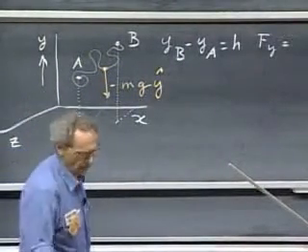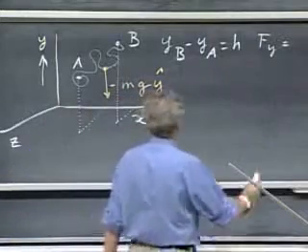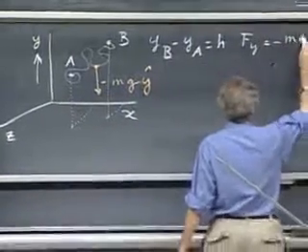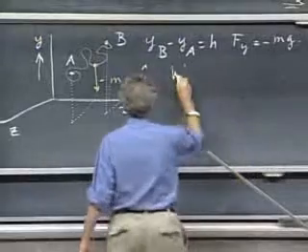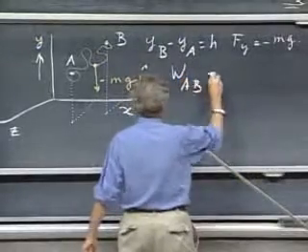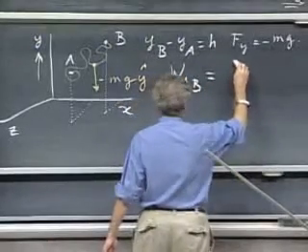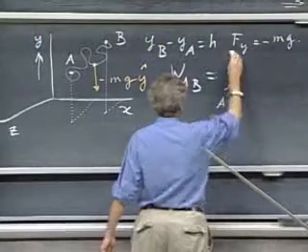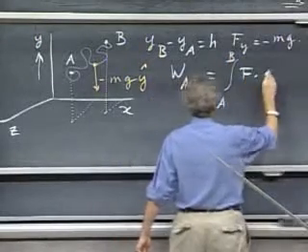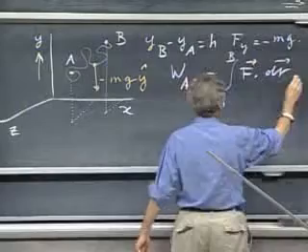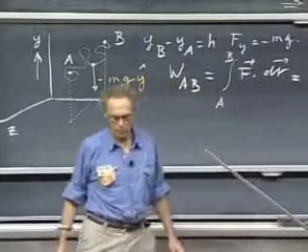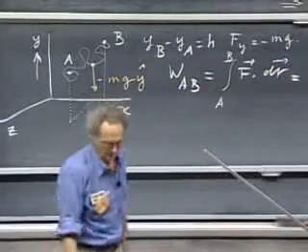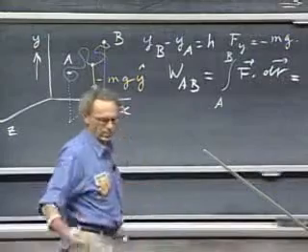They are 0. And so f of y equals minus mg. And so if I calculate now the work in going from A to B, which is the integral from A to B of f dot dr, then the only term that I have is the one that deals with the y direction. The other terms have nothing in it.